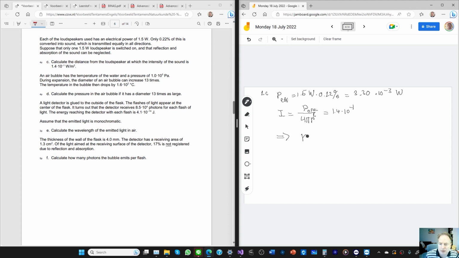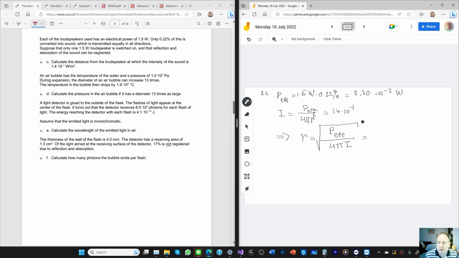So r would be equal to, multiply both sides by r squared and divide by I, P effective divided by 4 pi times I. And then I need to take the square root.